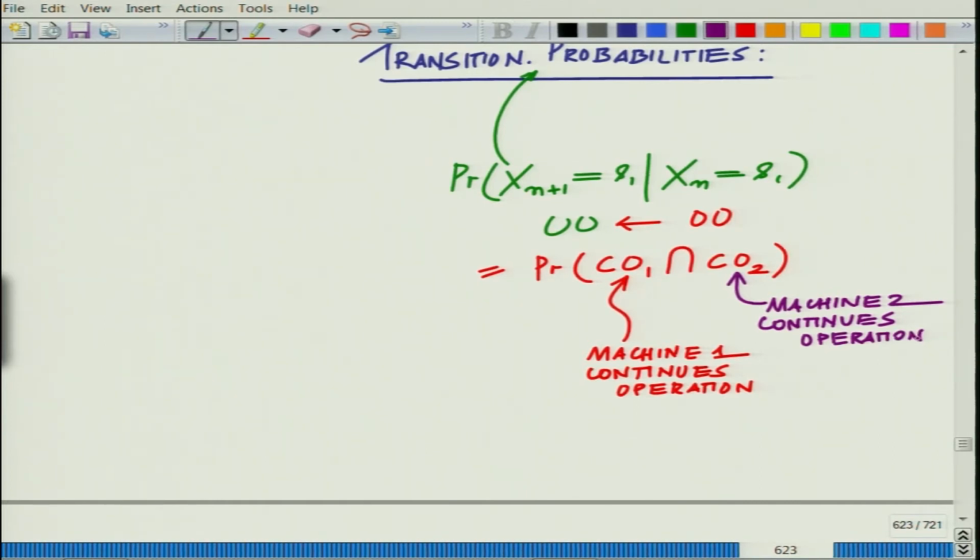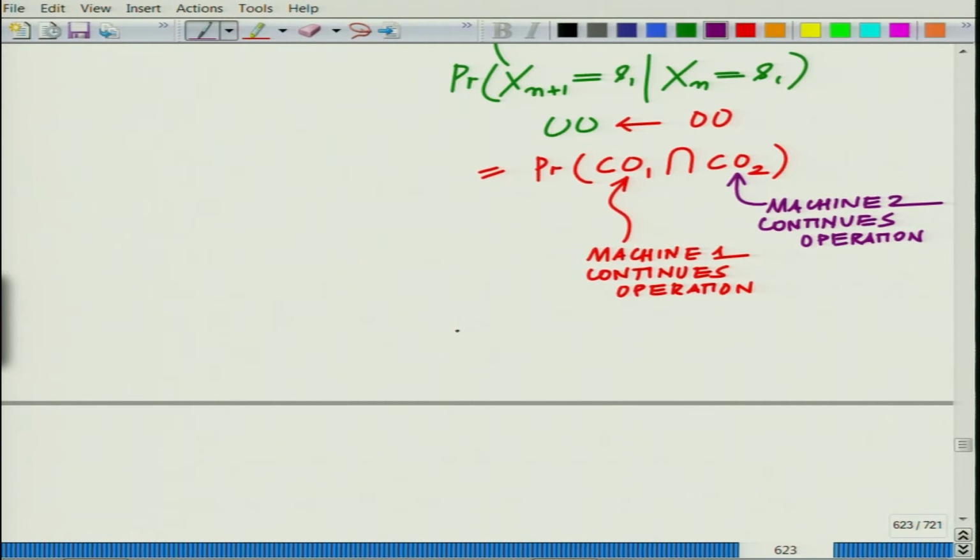Since these machines are independent, this becomes the product of these probabilities. That is the interesting thing.